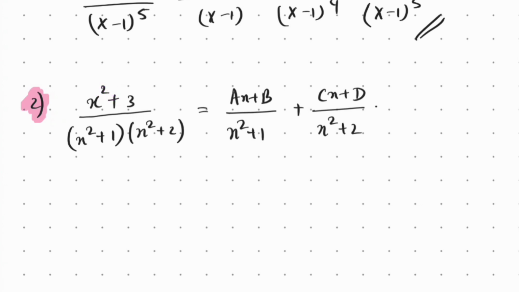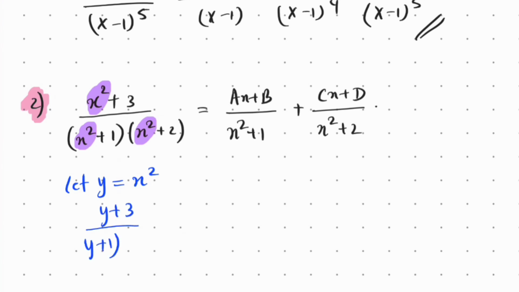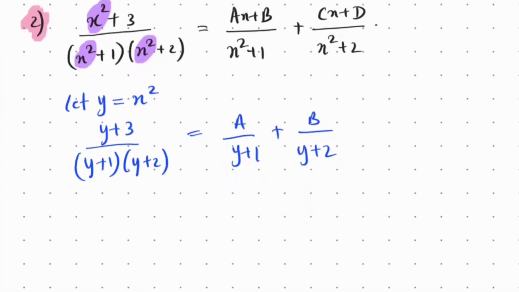So if I consider all of these x squares as a single new variable like y, then I can rewrite the question as (y plus 3) over (y plus 1)(y plus 2), which I can easily do by writing it like this, or any other easy method. It's going to end up getting there.